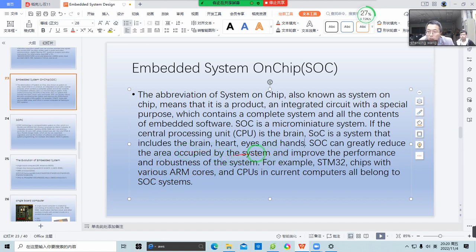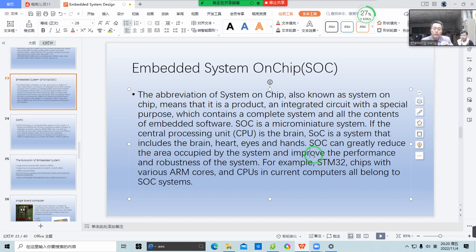So first is small size, and then it improves the performance and the robustness of the system. The performance right now, STM32 can run at 400 megahertz. The latest STM32 is almost near 800 megahertz. But those chips like Rockchip, made in China, run at almost 2 gigahertz, very, very fast.